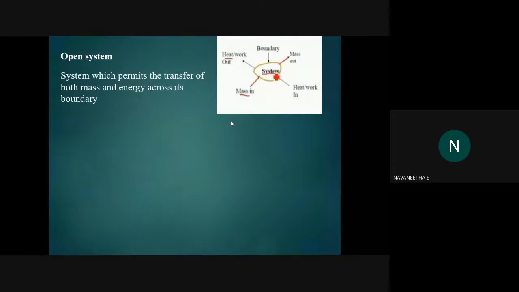Both mass and energy will transfer. After some time, if you touch that coffee, then what will happen? The temperature of that coffee or tea will decrease, lower than the previous one.